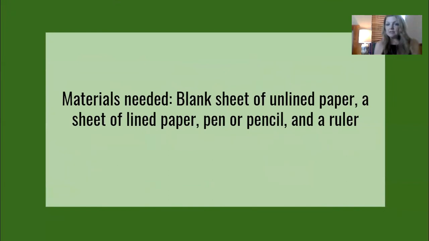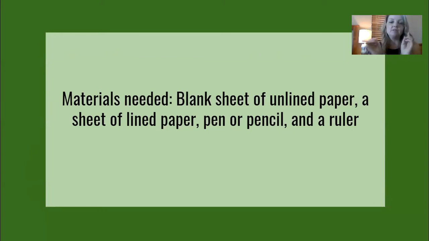So for this lesson, we are going to need a couple more things than usual. You can pause this video right now after we talk about our materials. Just pause it. Take as long as you need. Grab a blank sheet of unlined paper. So if you have a white piece of computer paper or construction paper, and if you have only lined paper, that'll work too.